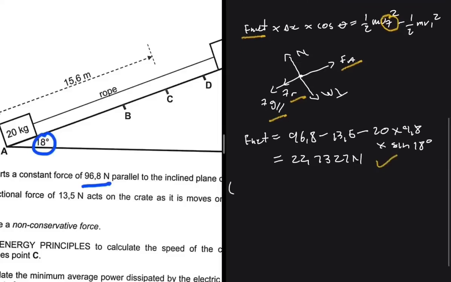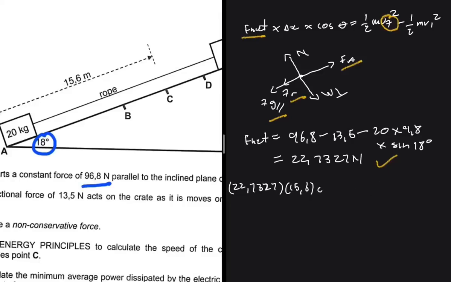Now that we have F net, we can put it in our equation. In place of F net we put 22.7327, and in place of delta x we have 15.6. The object is moving up the incline, and the F net is also pointing up the incline, so the angle between those two should be 0.